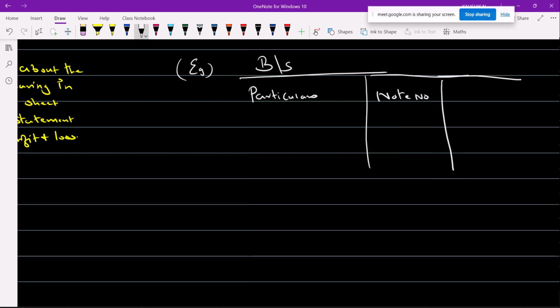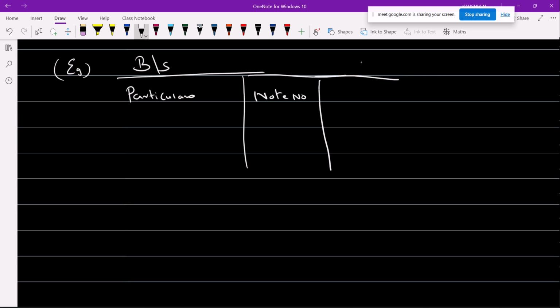Then you will have two columns, one for the current year and another for the previous year. Say for example, the current year 31/3/24 and the previous year 31/3/23, with amounts in terms of rupees.